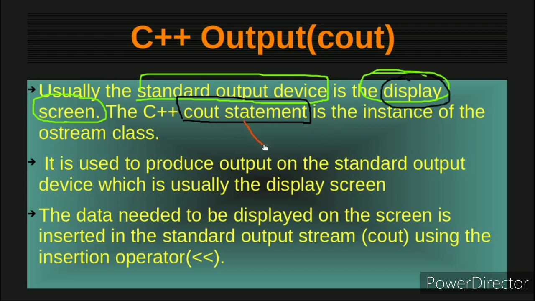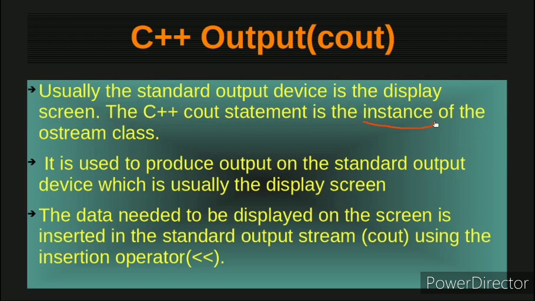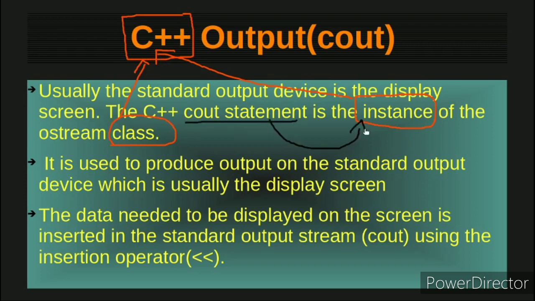And this cout statement happens to be an instance, or we can say an object, of the ostream class. Now you may be wondering what this instance and class mean. Well, these are what make C++ an object-oriented programming language. As of now, just remember that our cout statement is an instance or an object of our ostream class.